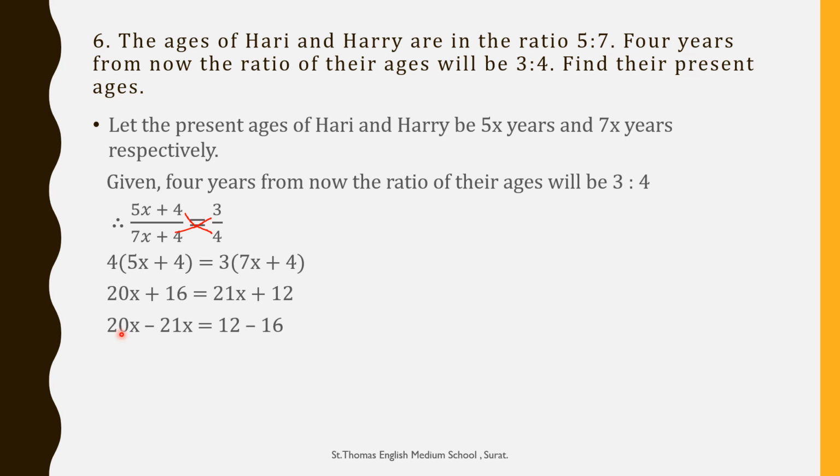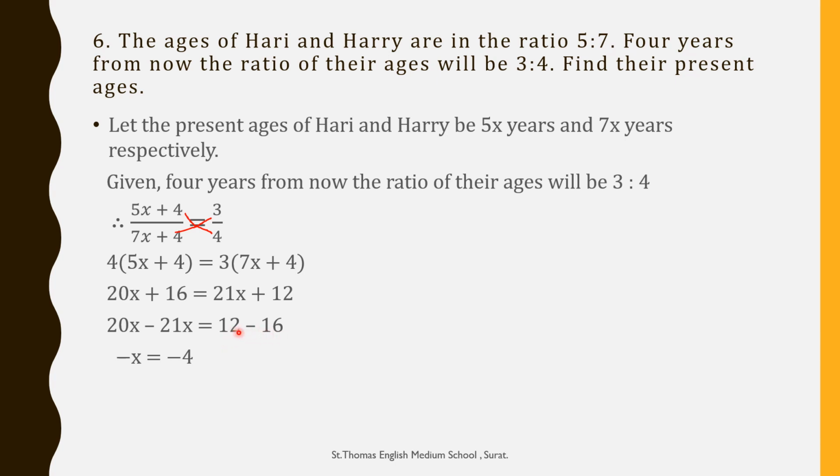Now one negative number and one positive number we have to subtract and put greater number sign. So 21 minus 20, that is 1x, and here 21 is greater number, so sign is minus. So we can write like this: minus x is equal to 12 minus 16.